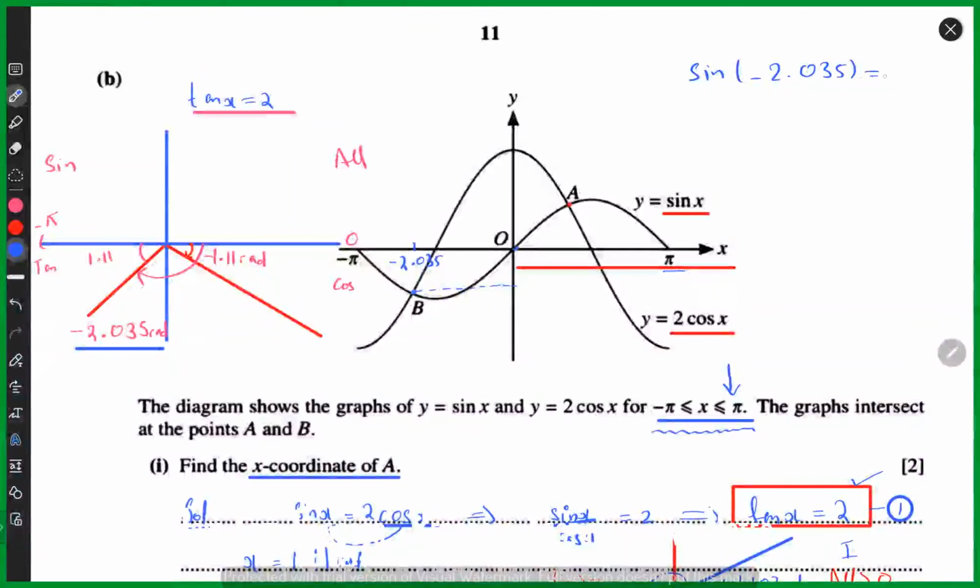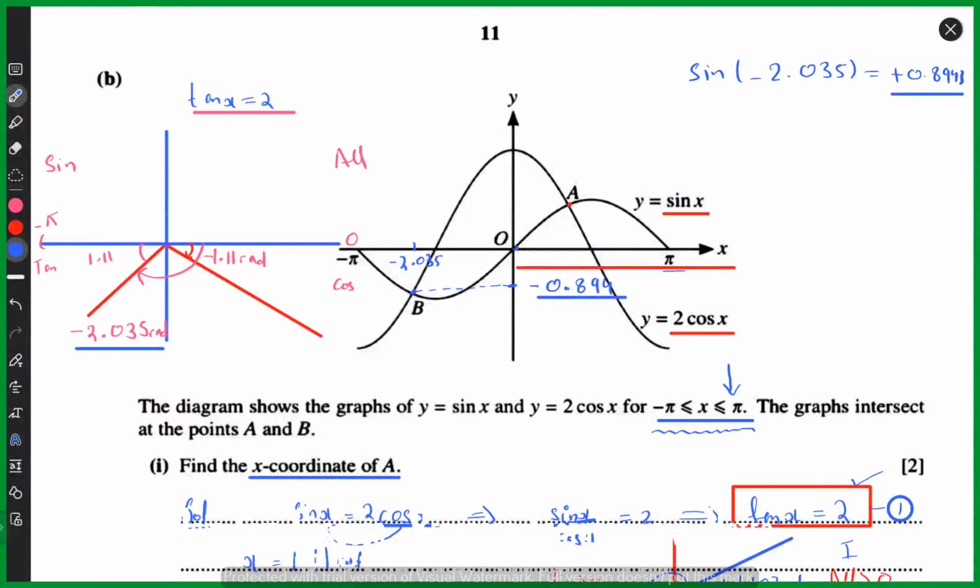This would give you positive 0.8943 and so on, right? But it is not going to be positive. We know that it is going to be negative because of the y-axis. I can see that it is coming under 0, on the negative y-axis. So the answer is going to be minus 0.894. Three significant figures is good. So negative 0.894 is going to be your y coordinate.